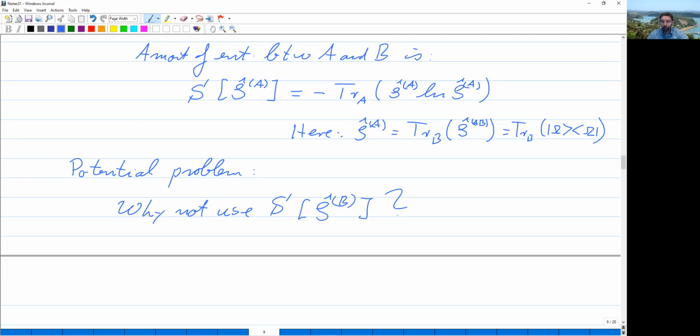For the definition to make sense, it should not depend on whether we calculate it using subsystem A or subsystem B. And it would seem pretty unlikely that the von Neumann entropy of system A is the same as the von Neumann entropy of system B. You may wonder why that is unlikely.